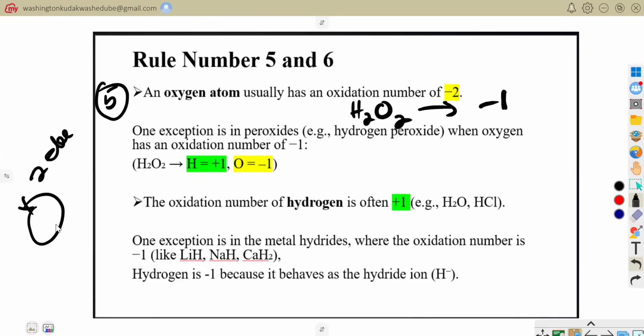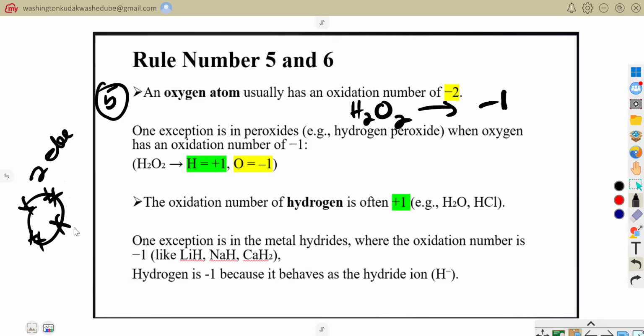If we use the Lewis orbital rule, we would have an oxygen atom with its outer shell like this, meaning it has 1, 2, 3, 4, 5, 6 outer electrons.